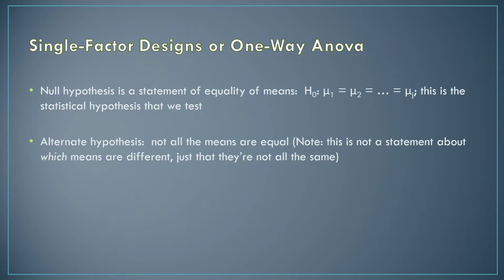The null hypothesis for these single factor designs or one-way ANOVAs is all about the equality of the means. So are the means equal? This will be very similar to all of your ANOVA designs, because ANOVA is that comparison of means across groups.